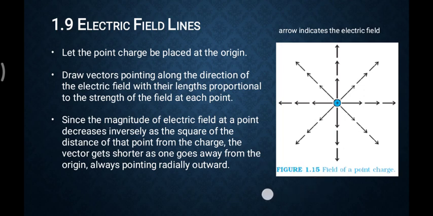So electric field lines show the direction of the electric field, which we already saw earlier: a positive charge has a radially outward electric field and a negative charge has a radially inward electric field. Inward and outward is a direction, and direction belongs only to vector quantities. So the electric field is a vector quantity, which we already discussed.